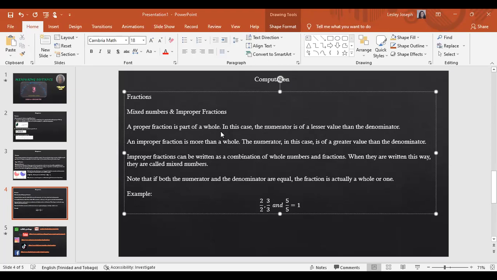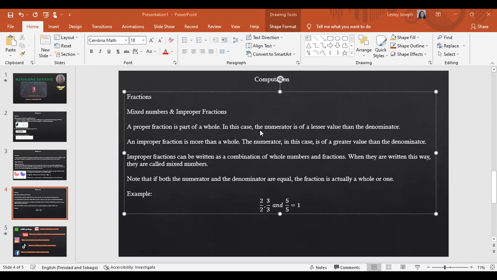Right. So before the meeting ends, this is what I want to go through with you. When it comes to mixed numbers and improper fractions, we must first understand what a proper fraction is. A proper fraction is part of a whole, and in this case the numerator is of a lesser value than the denominator.